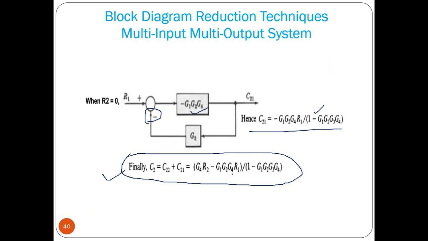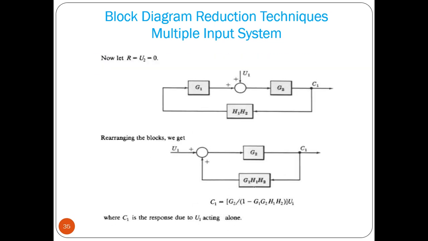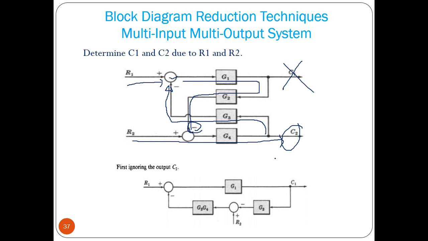So now what we are getting, for a multiple input and multiple output system, we have to solve in a different way. We have to take one output and find out the output with respect to the two inputs. That is one output.